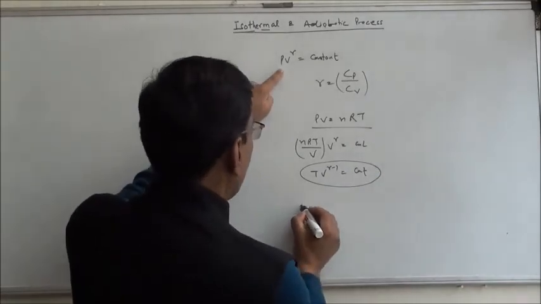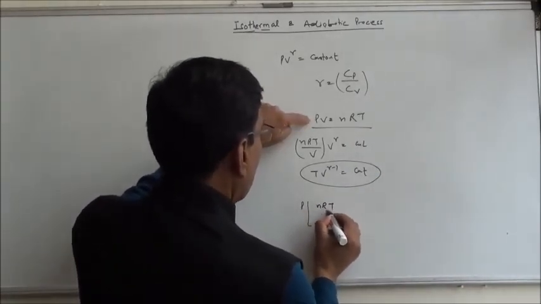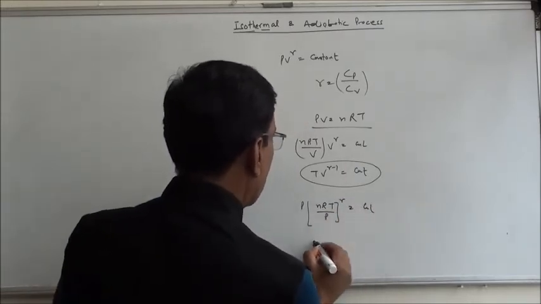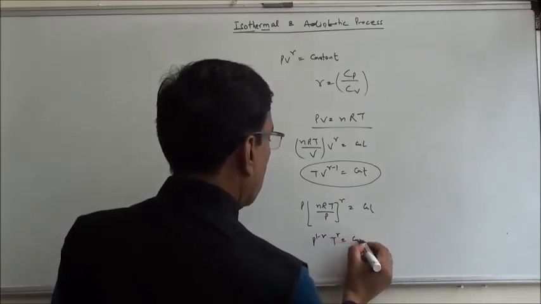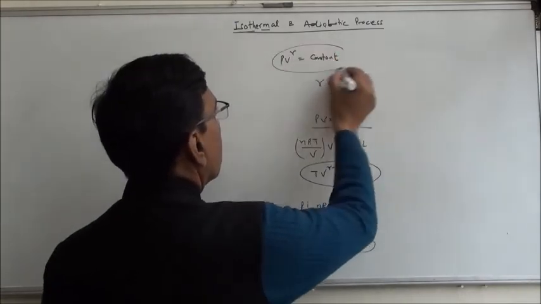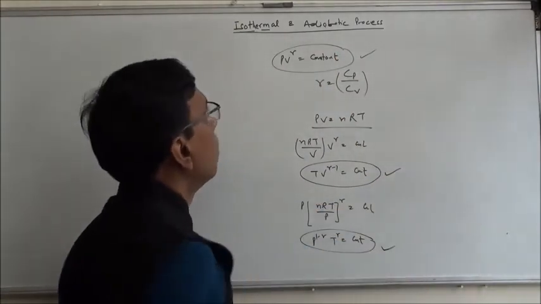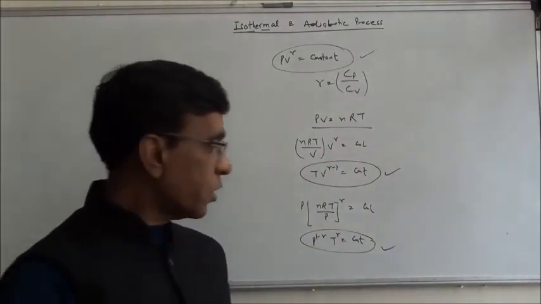Now let me substitute for V. V is nRT by P, raised to gamma. So it becomes P raised to 1 minus gamma, T raised to the power gamma, is equal to constant. So an ideal gas undergoing an adiabatic process obeys these expressions.